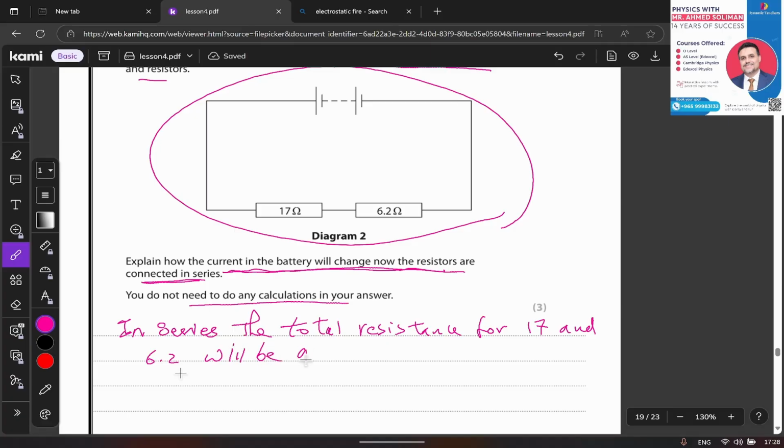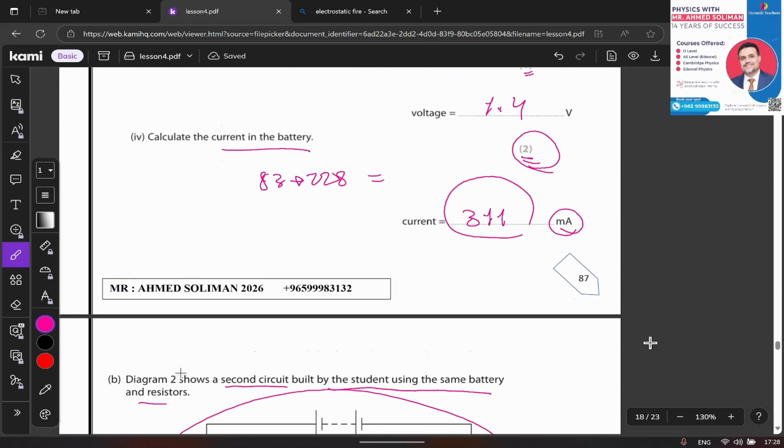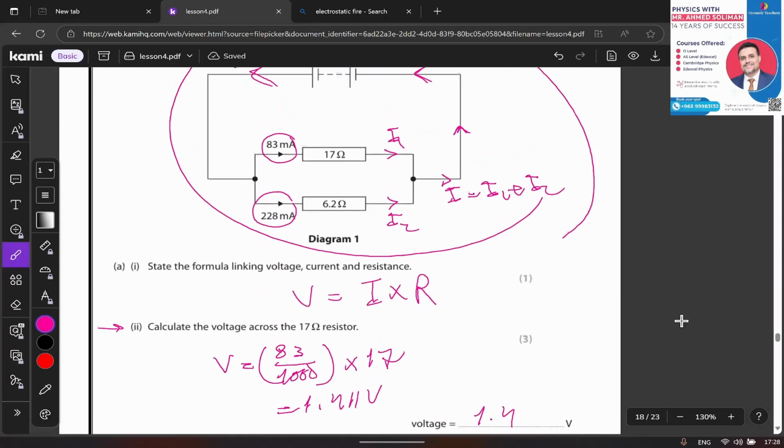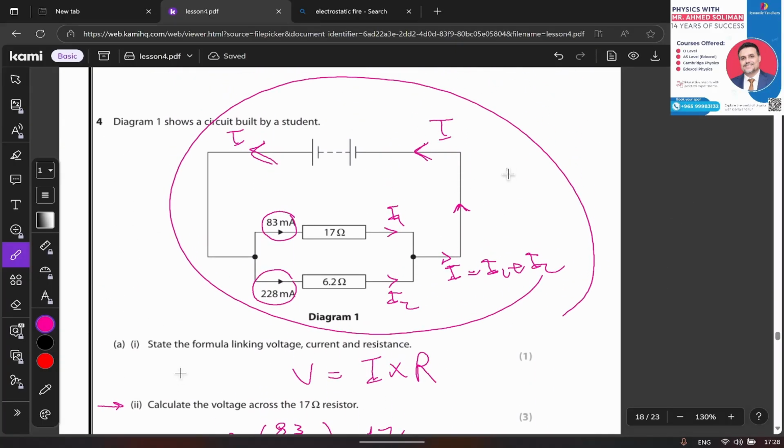And what is the total resistance in parallel? 1 over R equals 1 over 17 plus 1 over 6.2. So it will be less.